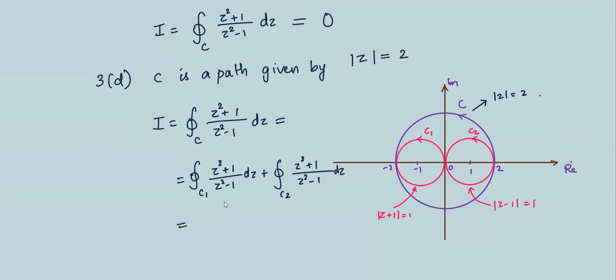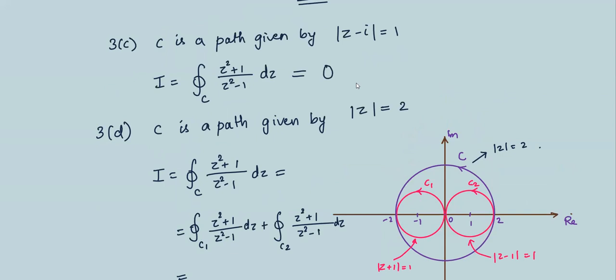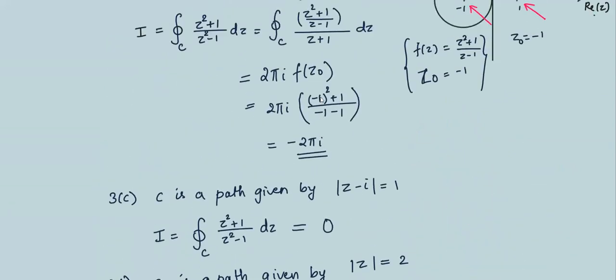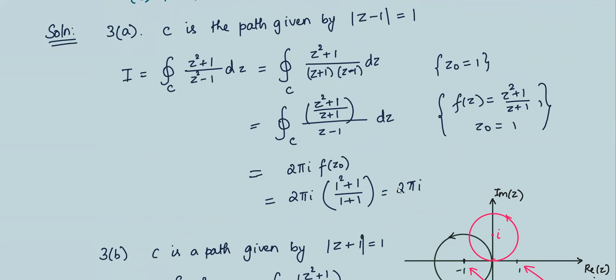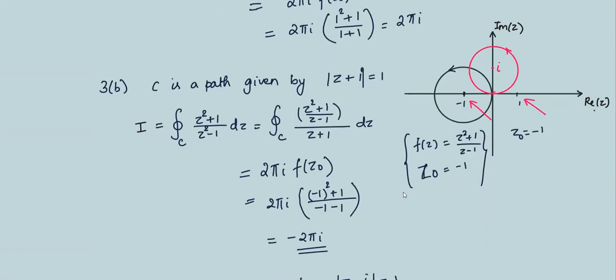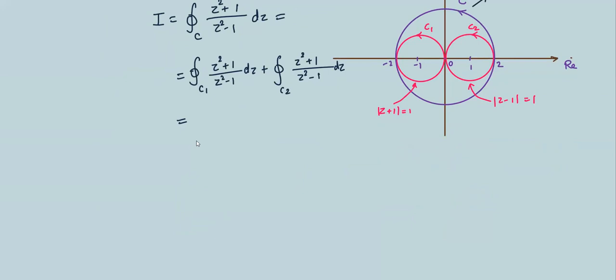For C1, we got the answer here, minus 2 pi I. And for C2, we have already got the answer 2 pi I. So you get minus 2 pi I plus 2 pi I from the previous condition. So the integral is 0.